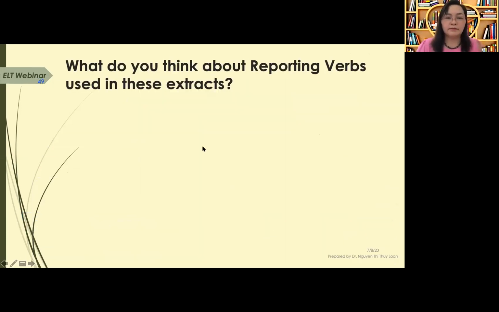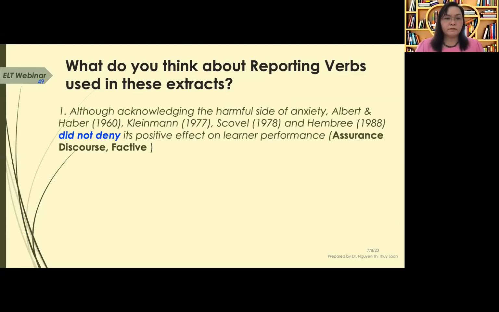Now let's come to some examples, and then we will finish my sharing today. So the example about the use of the reporting verb. As you can see in the first example here, the verb denied we usually use when we show our objection, our disagreement to the proposition, right? But the way the writer used it here is completely opposite because of the negation.